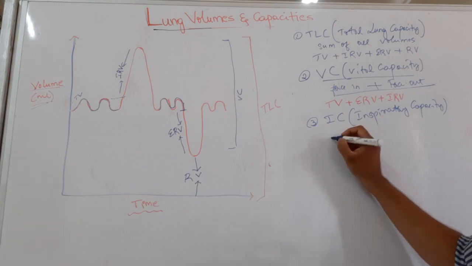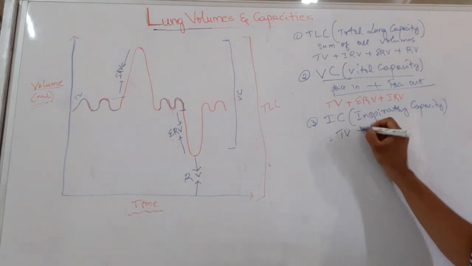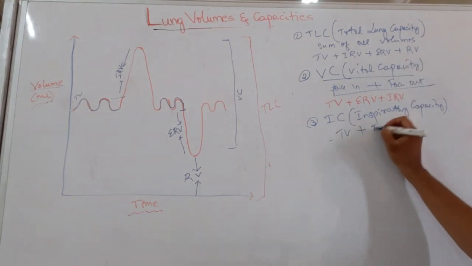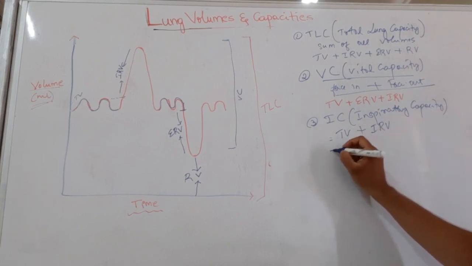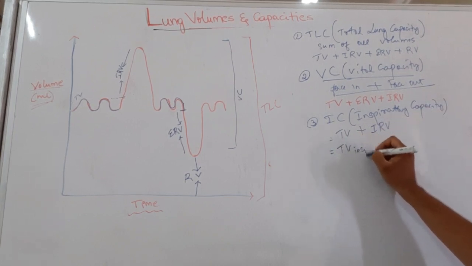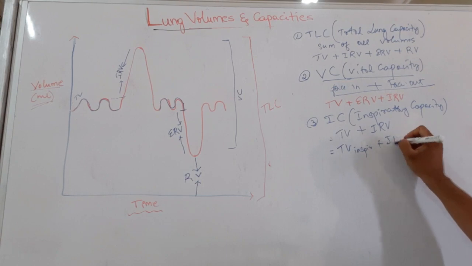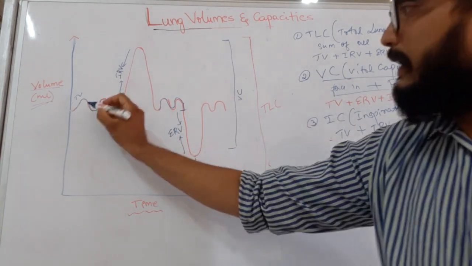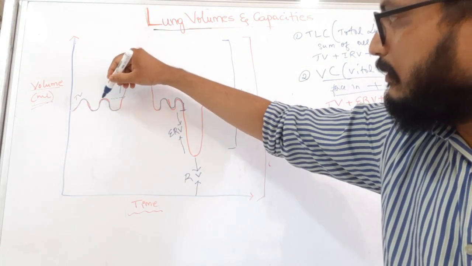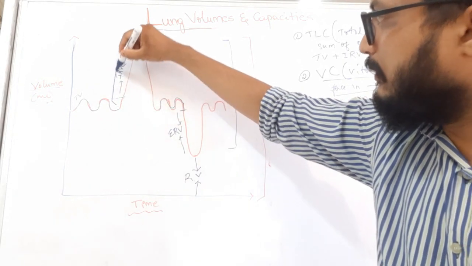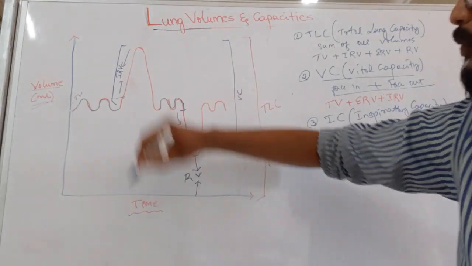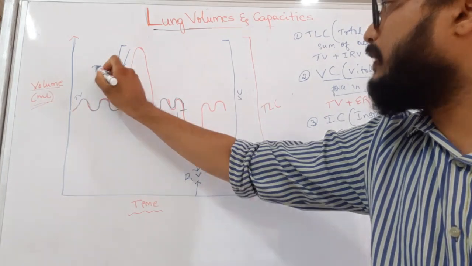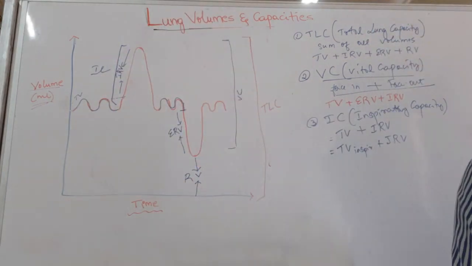So, it is tidal volume plus inspiratory reserve volume. To be more specific, it is the tidal volume inspiration plus inspiratory reserve volume, which gives the inspiratory capacity of the lung.